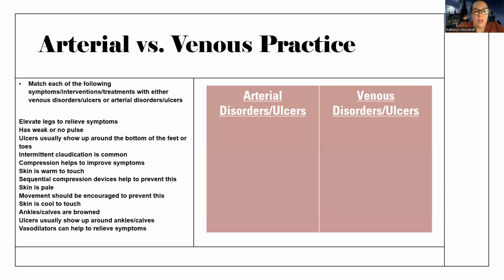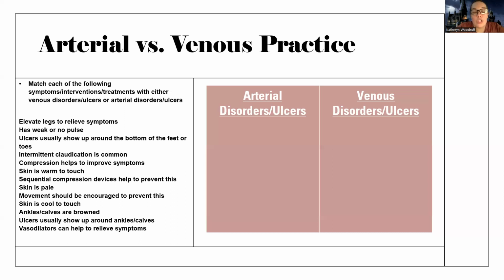Skin is pale. So again, the pale or the pallor is when there's less blood flow. I have less color to my skin when there is less flow going to it, because red blood cells are a lot of what bring color to the skin, especially someone with paler skin like mine.